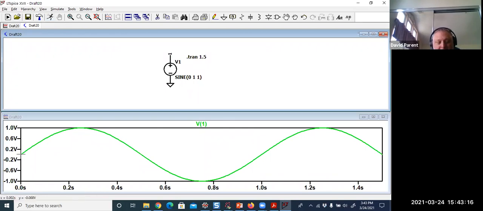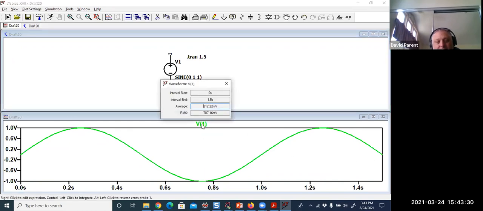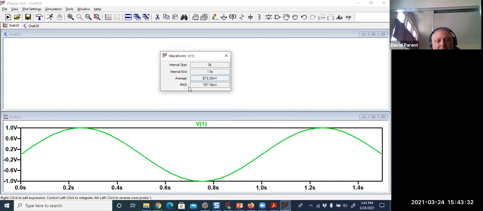Just by looking at it, I can tell that I spend some time up, some time down, some time up, but there's no corresponding down. And now look, the average is actually around 200 millivolts.